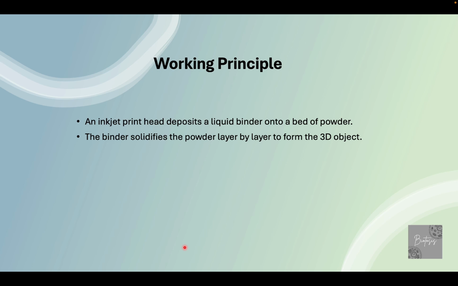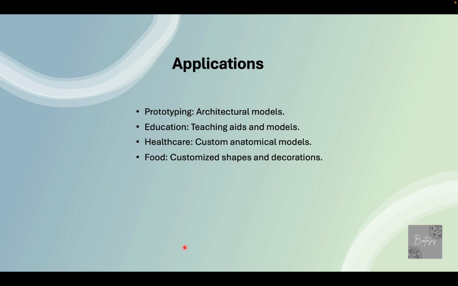The basic working principle is that the inkjet printhead deposits a liquid binder onto the bed of powder, and the binder solidifies the powder layer by layer to form the 3D object that we need. Basic applications of these are prototyping and education. Why have we said that it is important for educating?